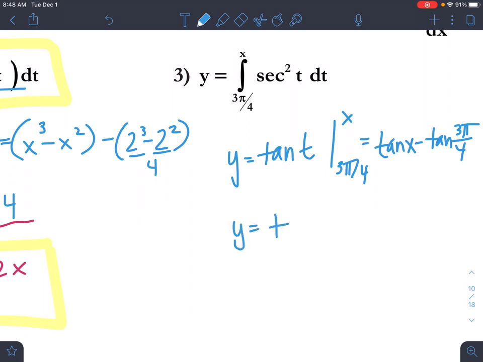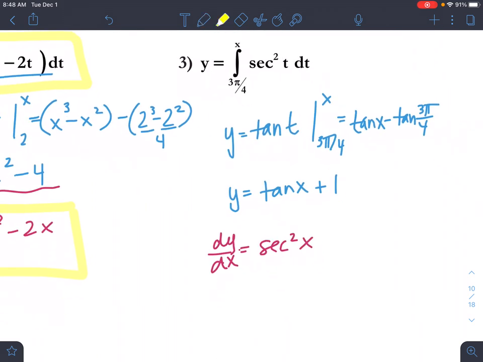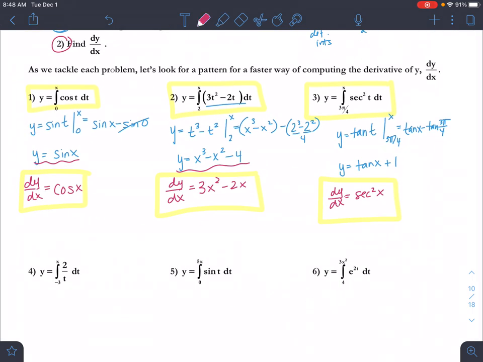So y is equal to tangent of x minus negative 1. I switched my color here, taking the derivative of what you just found. The derivative of tangent is secant squared of x, and the derivative of 1 is 0. Again, notice secant squared of t, secant squared of x. Hopefully you're seeing the pattern.